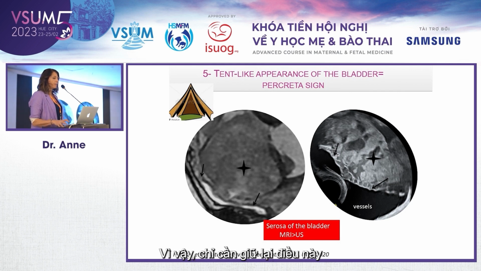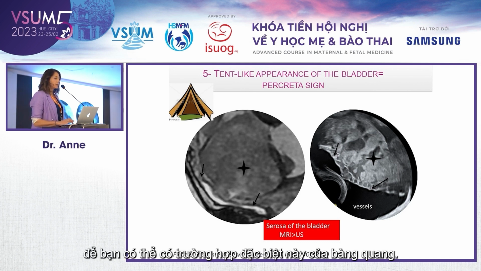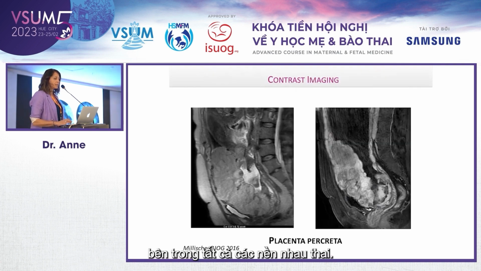So just remember this, and you can do it with ultrasound, which is very helpful because we have the Doppler. So you can have this particular aspect of the bladder, and just in front, this very important vascularization inside all the placenta bed.